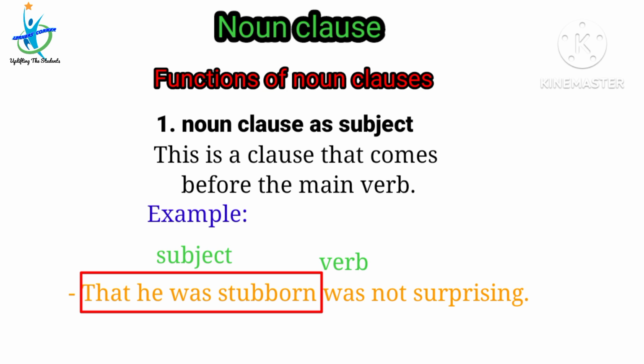But the first statement, the one that is underlined, that he was stubborn, is the noun clause. Why do we say it is a noun clause? Because we have the subject, which is he, and was is the verb. Therefore, this is the noun clause, and this noun clause serves as the subject of the sentence, while was is the verb in the sentence.